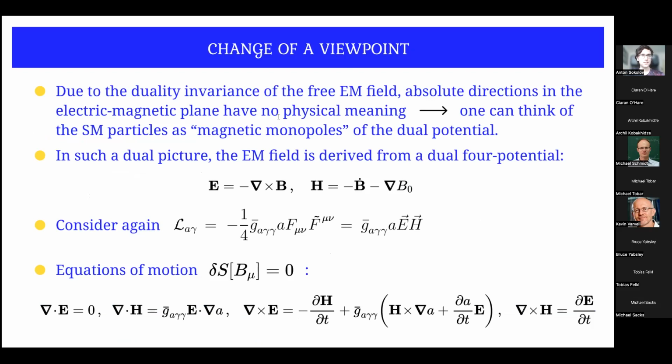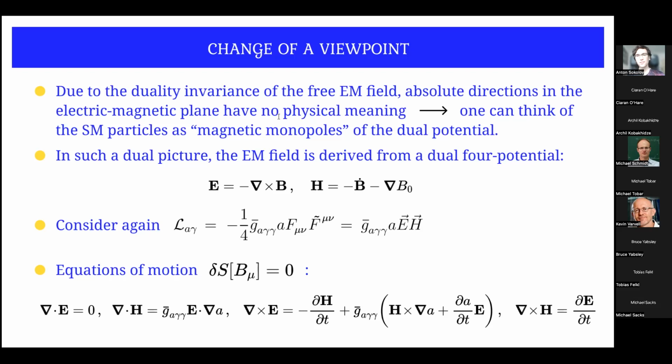Let us just change the viewpoint on the electrically charged particles of the standard model. We know that in the standard model, all particles are electrically charged, but not magnetically charged. But really, there is a duality invariance of the free electromagnetic field.